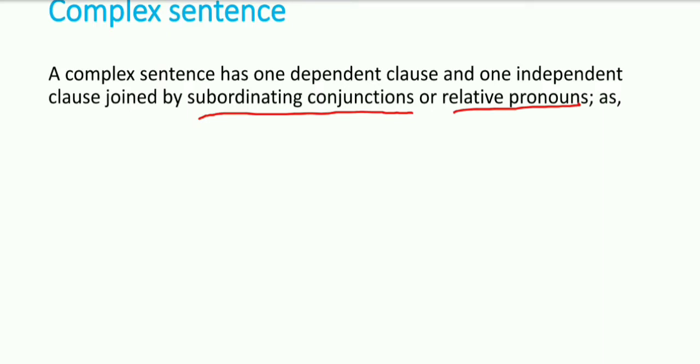In the earlier one, the compound sentence has two independent clauses, but in complex sentences we have one dependent clause and one independent clause, and both of these are joined by a subordinating conjunction or a relative pronoun.